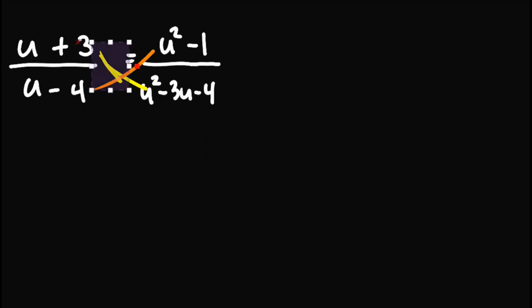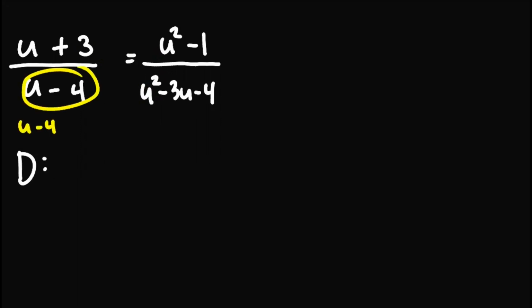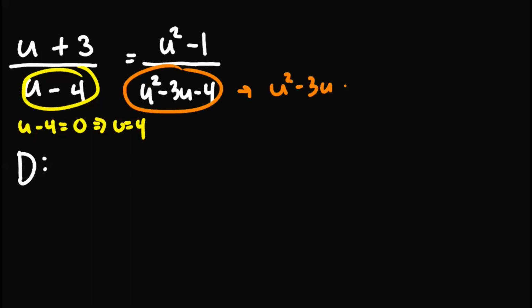So we'll try to apply the zero fraction method. So the first step is to check the domain. So checking the domain, we've got u minus 4 equals to 0. That will give us u equals 4. For this next one, we've got u squared minus 3u minus 4 equals 0. Note that u squared minus 3u minus 4 factors into u minus 4 and u plus 1.